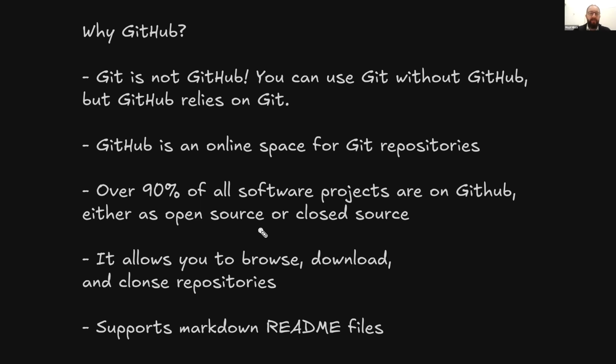GitHub allows you to browse repositories, download code, and clone repositories, which we're going to talk about, and it also supports Markdown README files. The reason I mention this is that it's not only code that you share, you can also share metadata, information, tutorials, or documents about the files that you share, which makes navigating these files much easier.